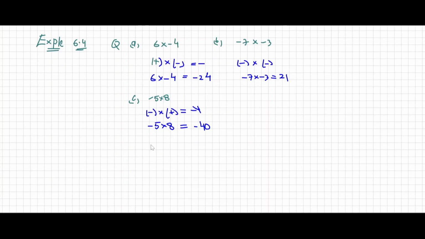So let's see some other rules. So basically we are introducing the two rules now, multiplication and division. So let's introduce the division rule also now. Let's see the division rule.